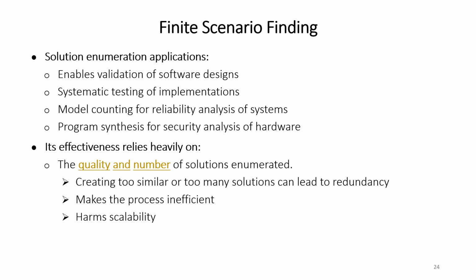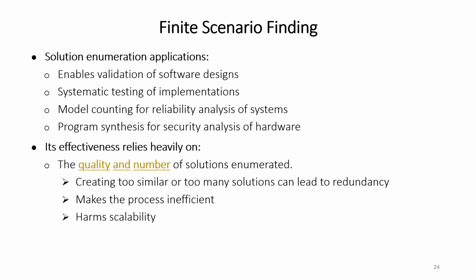Now, how do we make this work? If we have one solution, we can probably find another solution which is very similar. So the effectiveness of this approach, the testing and validation, relies on the diversity or the quality of the solutions. If they are all really bad solutions or all very similar solutions, they might not be so helpful.